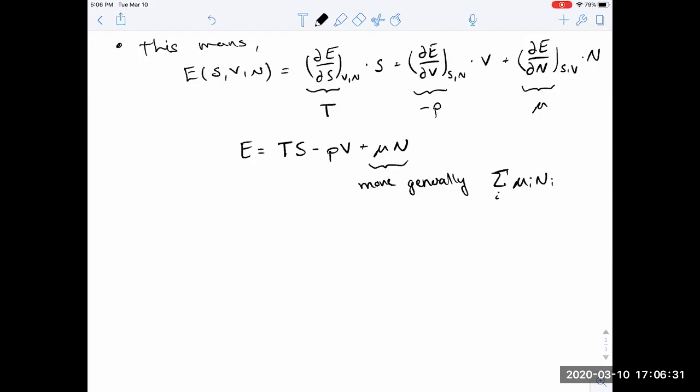Now this is a reasonably straightforward mathematical identity dealing with homogeneous functions, physical origin being that energy is an extensive function as are entropy, volume, and number of particles. But it has a number of really important implications. So let's go through those now.